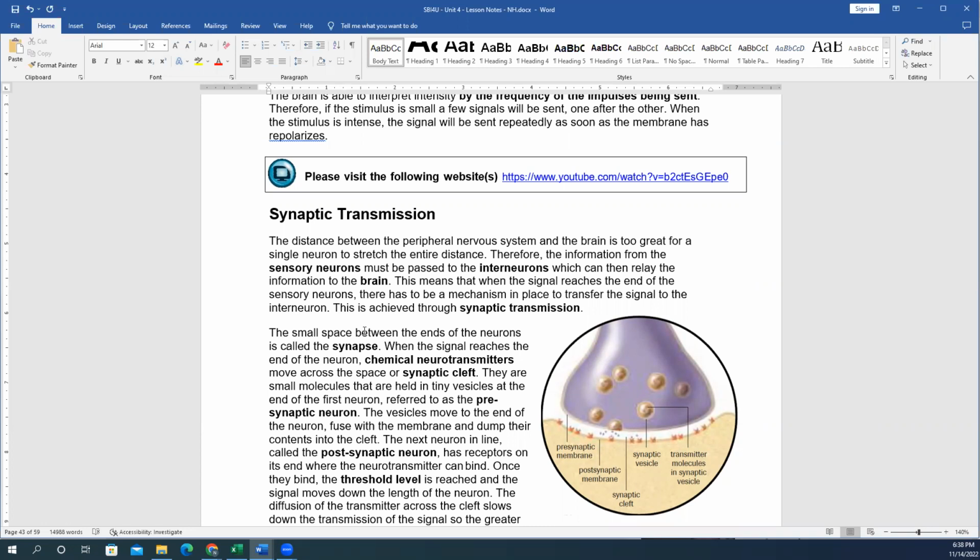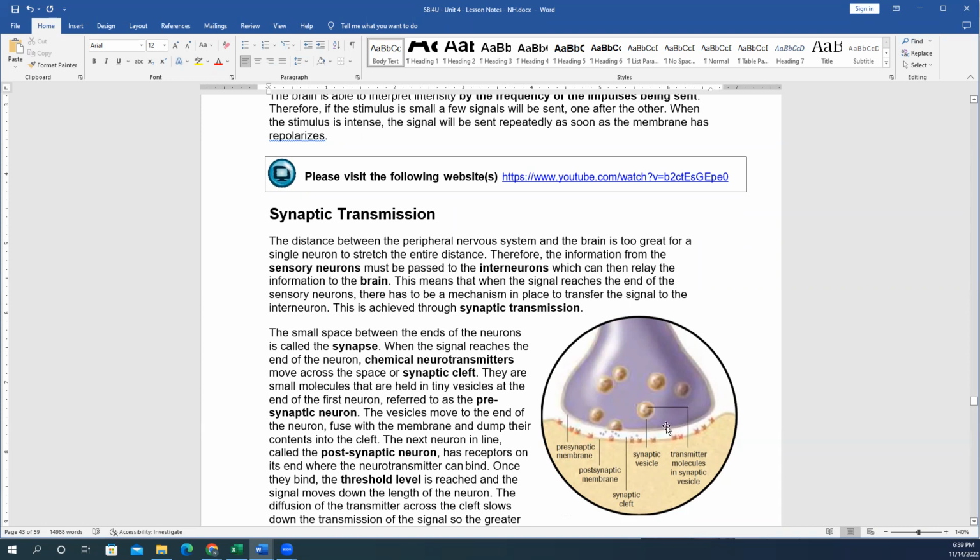This means that when the signal reaches the end of your sensory neuron, there has to be some mechanism in place to transfer that signal to the interneuron, and then from the interneuron to the neurons of the central nervous system. This mechanism happens through synaptic transmission.